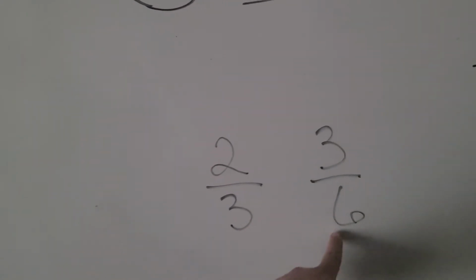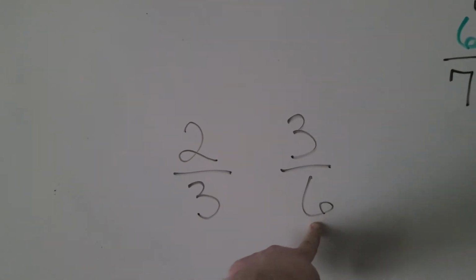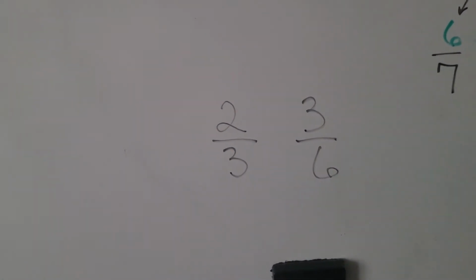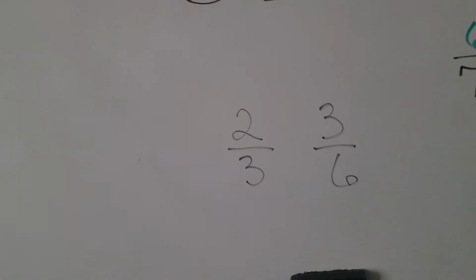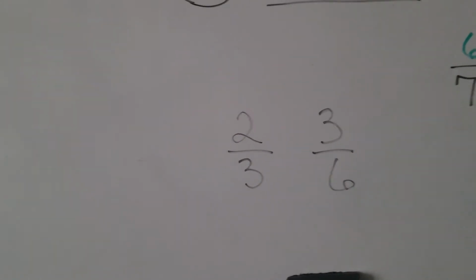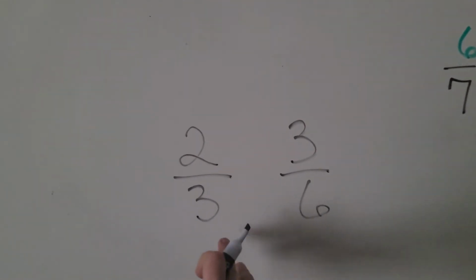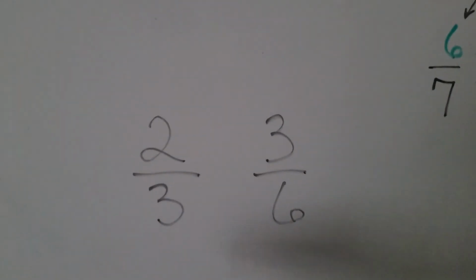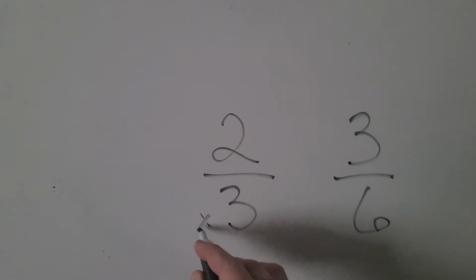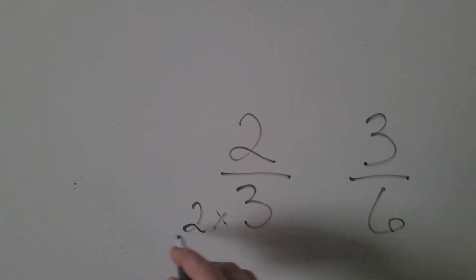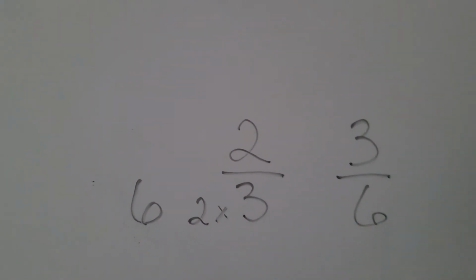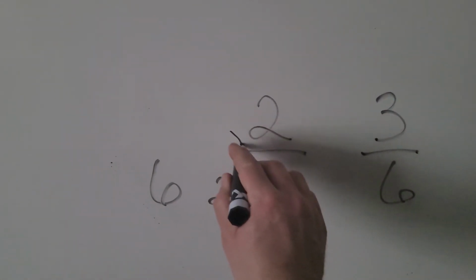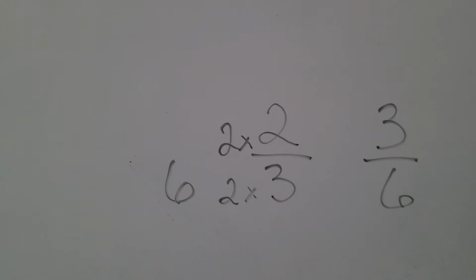Basically, I know that I can get to 6 by multiplying 3 times 2, right? 6, we would say, is a multiple of 3. So if I wanted to come up with the same denominators, what I could do is just multiply that 3 times the 2 to get to 6 over here. And since I multiplied the bottom number by 2, I also have to multiply the top number by 2.